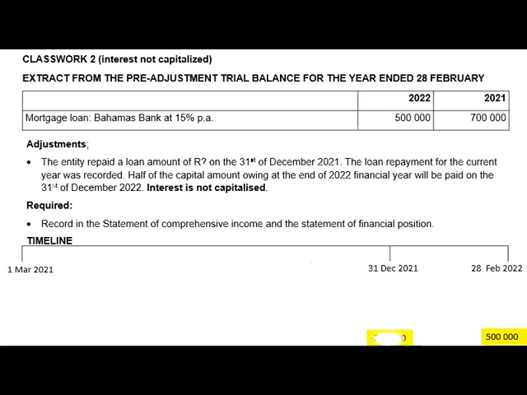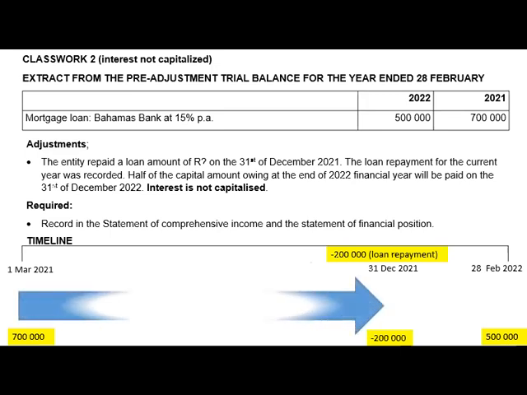It's because on this day, our loan decreased from 700,000 to 500,000 rand. So the repayment happened on the 31st of December. Basically, from March until the 31st of December, we were owing Bahamas Bank 700,000, and that will be 10 months. So it's March, April, May, June, July, August, September, October, November, December, which is 10 months. So you calculate interest on that amount, which is for 10 months.